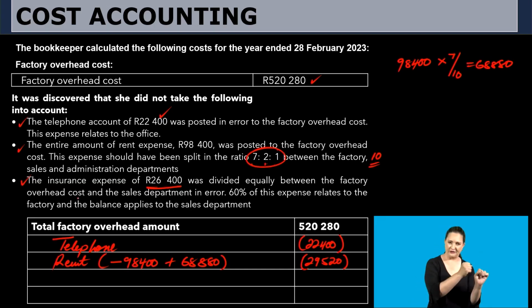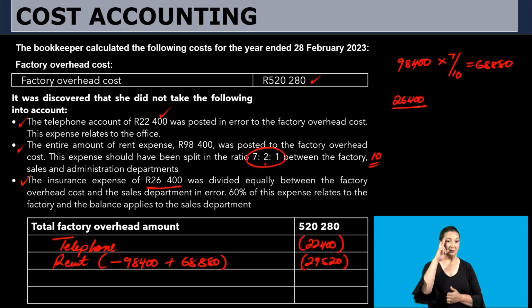overhead cost and the sales department in error. So the expense of 26,400 was divided equally, but that was in error. Remember, it was divided equally, which means it was 13,200.